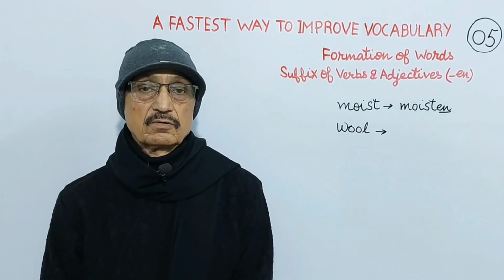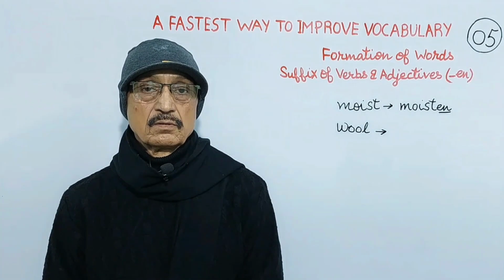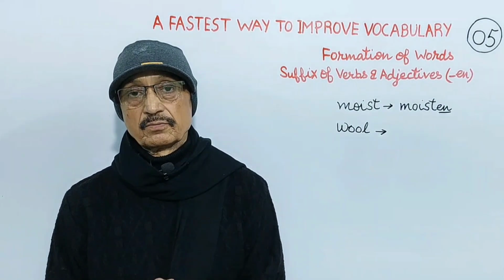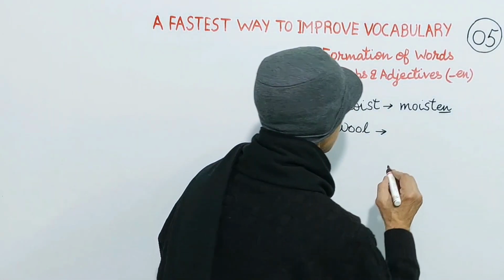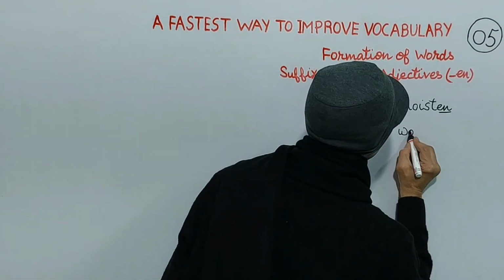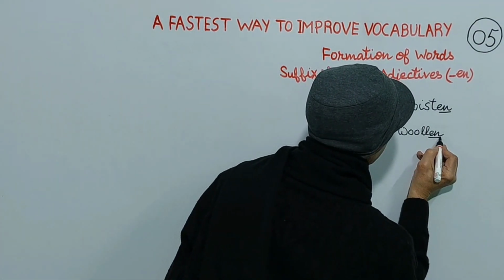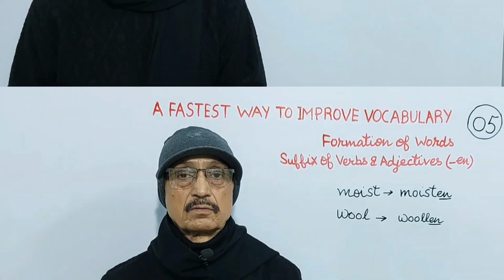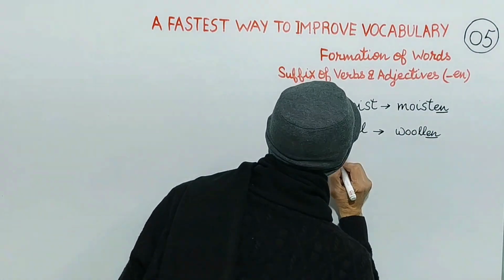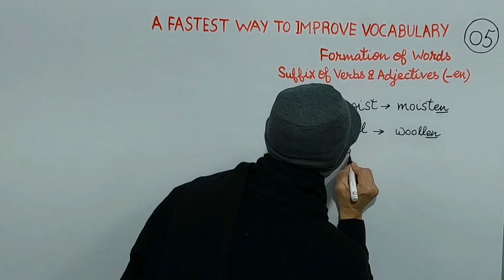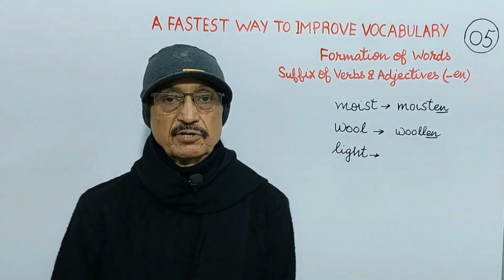Next is wool. Wool. This is a noun. When we add suffix en after it, it changes into adjective woolen. Woolen. Next is light. Light.